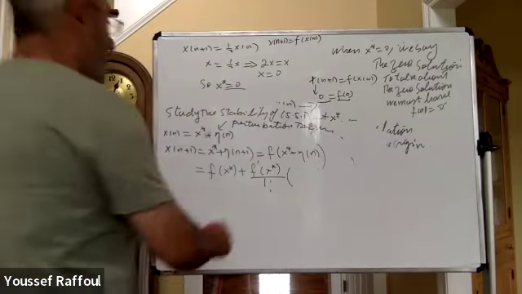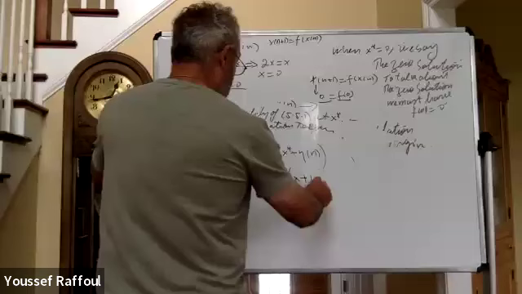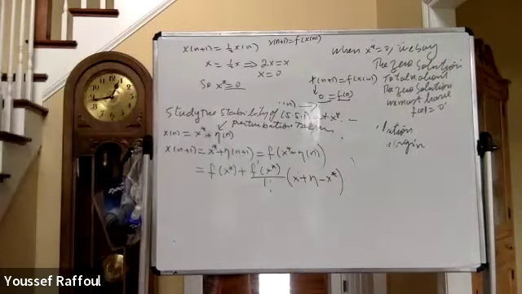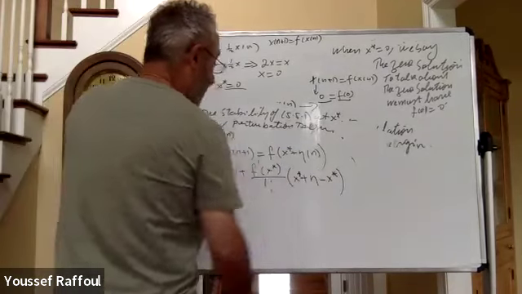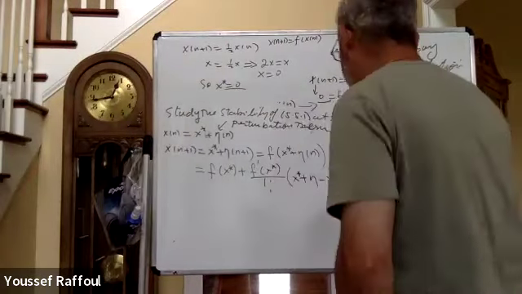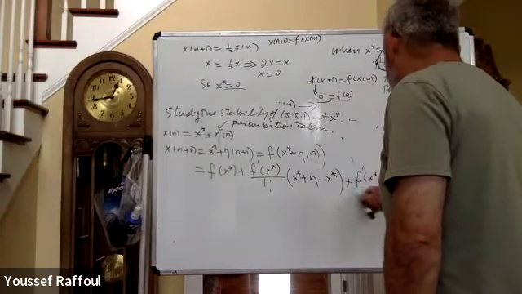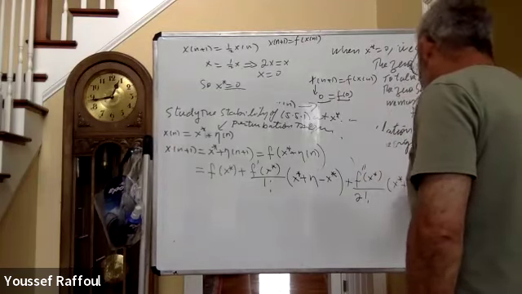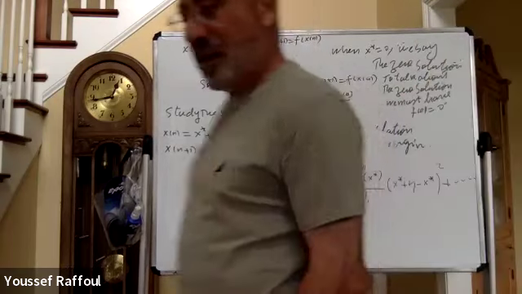X plus eta minus x star. Okay? But I am doing it at x star. So I'm going to replace this one by that. Plus f second of x star over 2 factorial times x star plus eta minus x star squared plus plus plus.